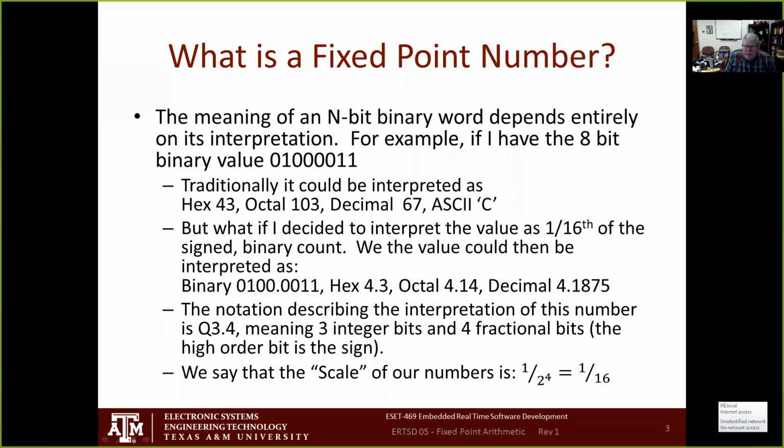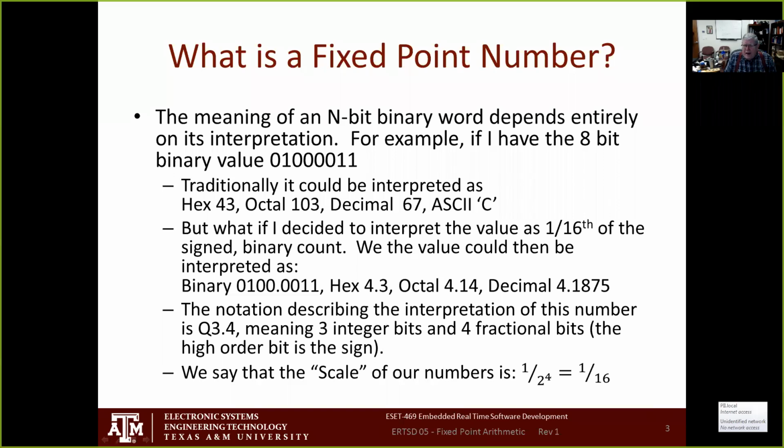traditionally, if I have this 8-bit value that I have here, 01000011, I would interpret that as the hexadecimal number 43, maybe the octal number 103. I can interpret it as a decimal 67 by using each one of the bits as 2 to the 0, 2 to the 1, 2 to the 2, adding those all up and assigning a decimal value to it.